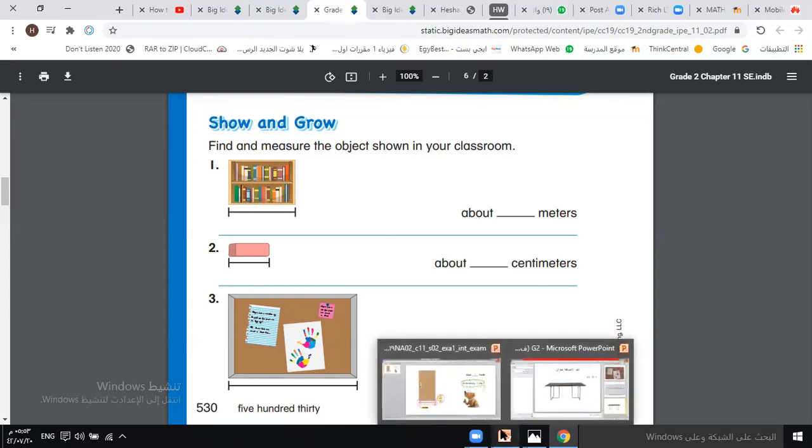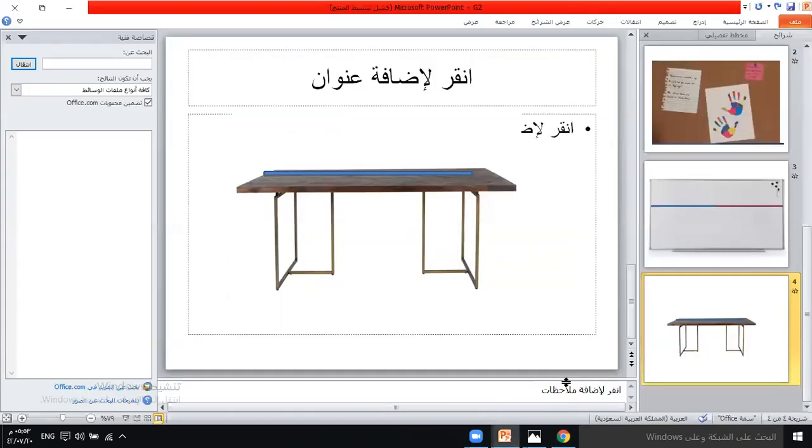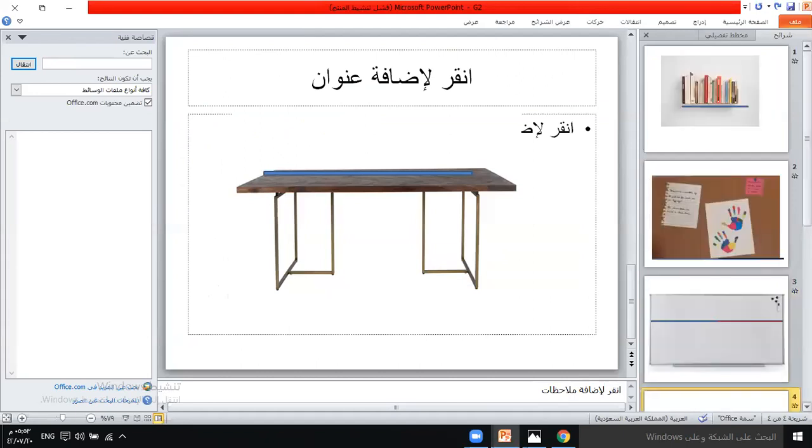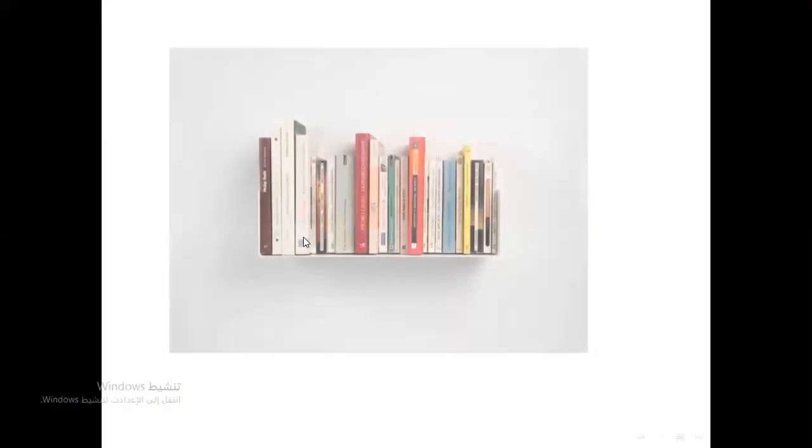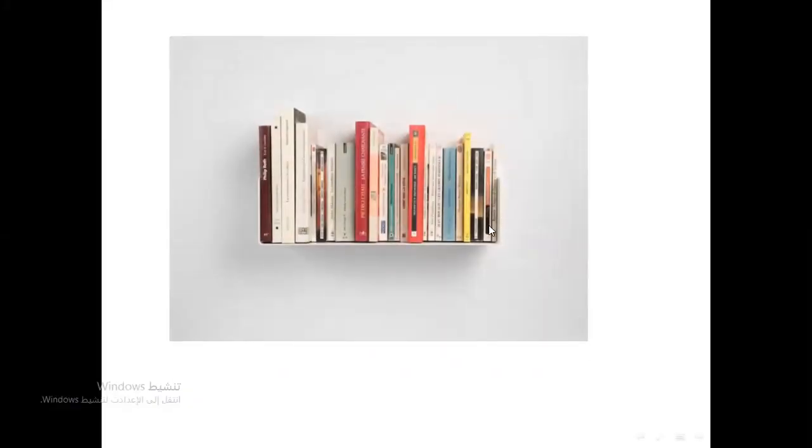Okay, let's find out. I'll show you this bookshelf. Can you see we have here a bookshelf. To get the length of this bookshelf, it's easier to use a meter stick. Start from the beginning of the shelf to the end of the shelf.